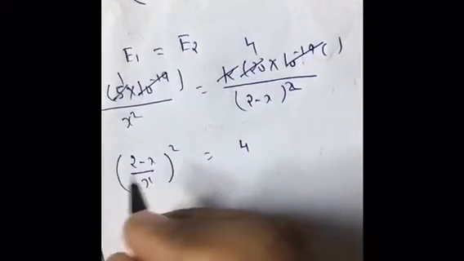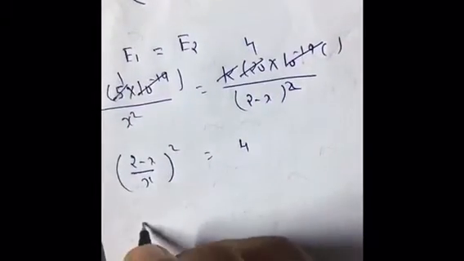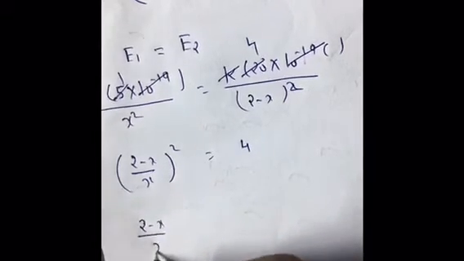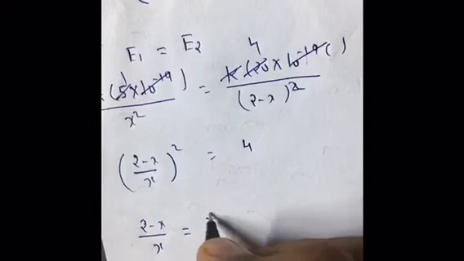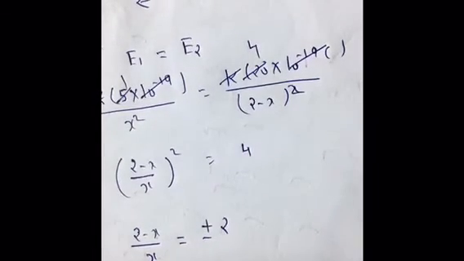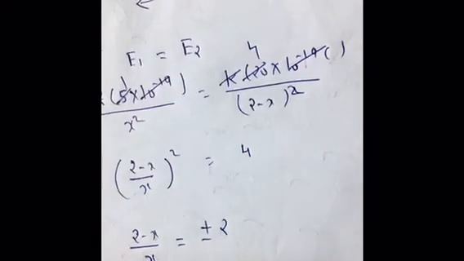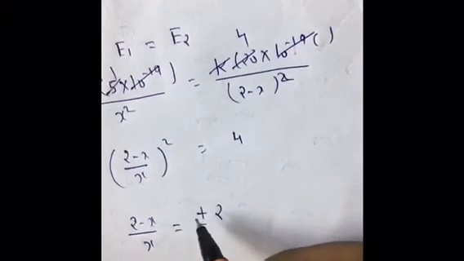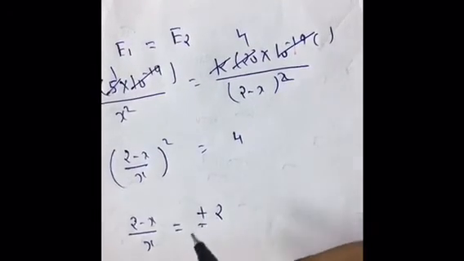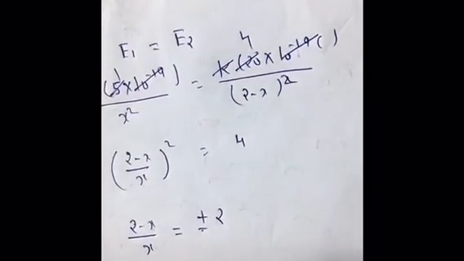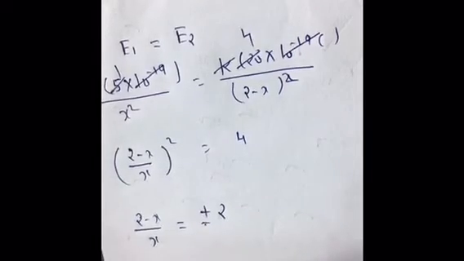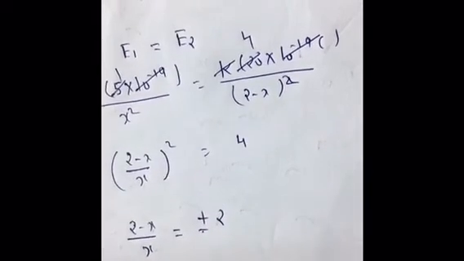Taking square root on both sides, we get (2 minus x) upon x is equal to plus minus 2. Now there are two possibilities, positive sign and negative sign. First of all, take the negative sign.